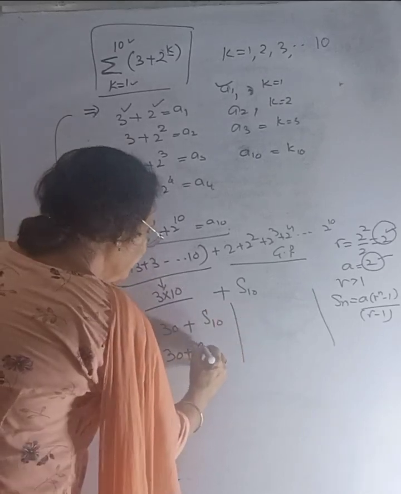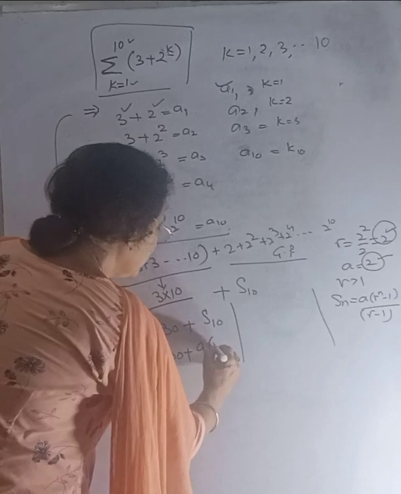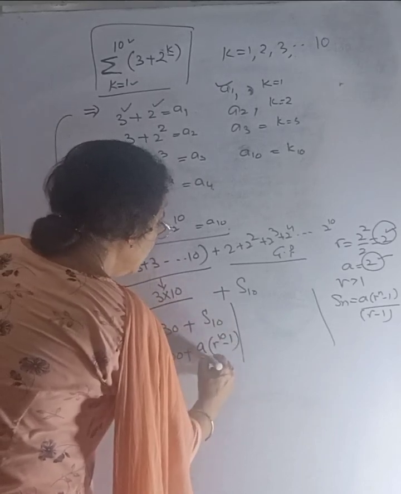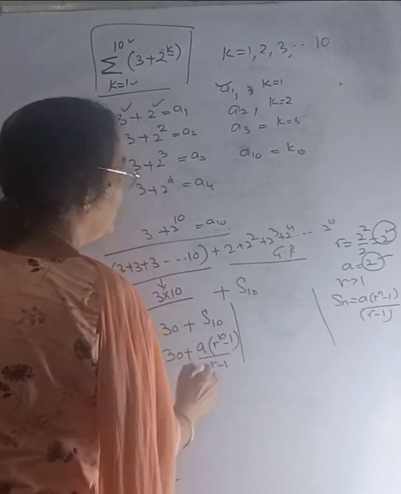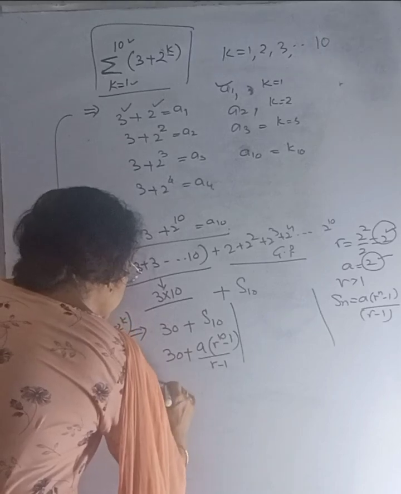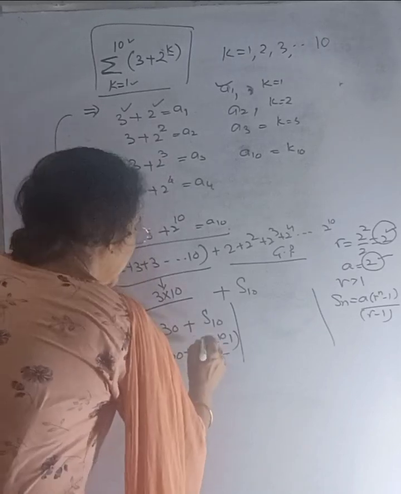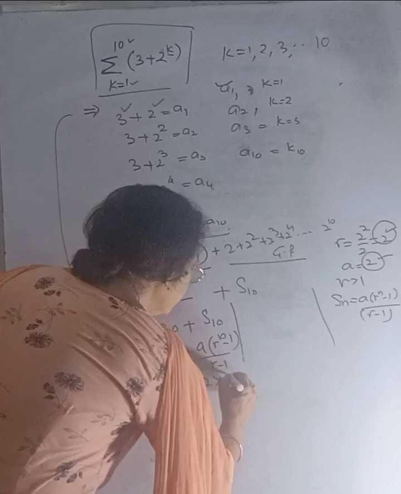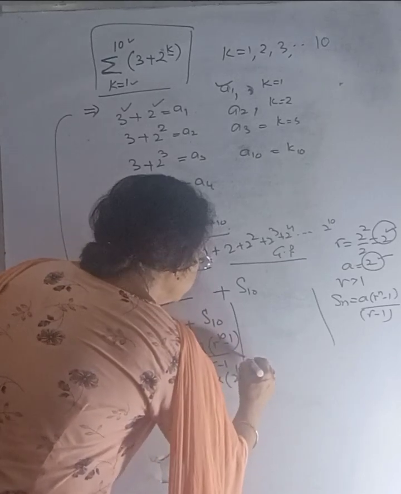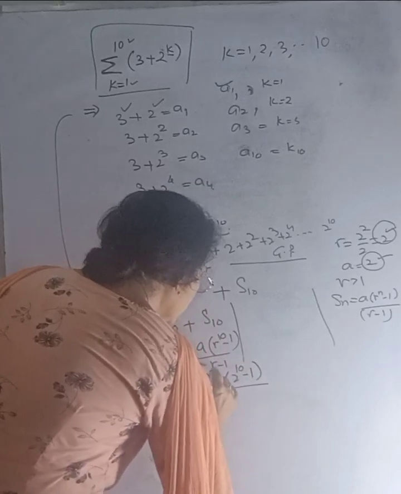S10 will be a into r to the power 10 minus 1 upon r minus 1, where r is equal to 2 and a is also equal to 2. That is 30 plus 2 into 2 to the power 10 minus 1 upon 2 minus 1, which is equal to 1.